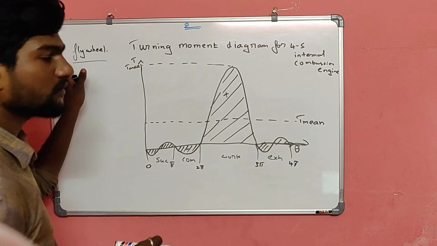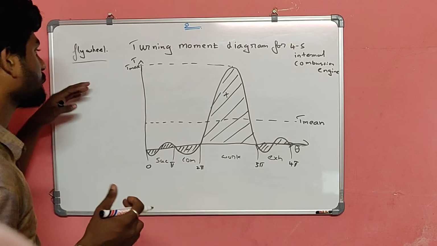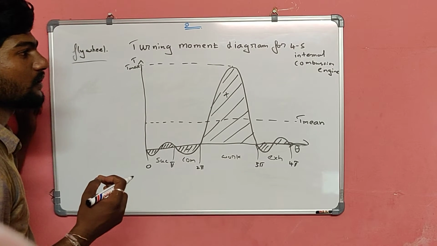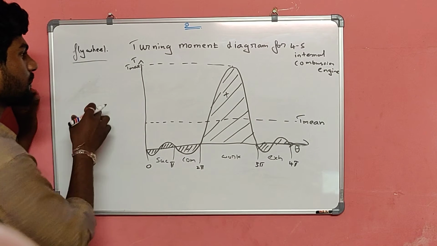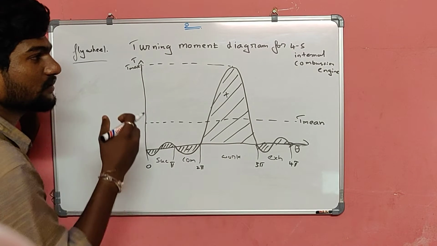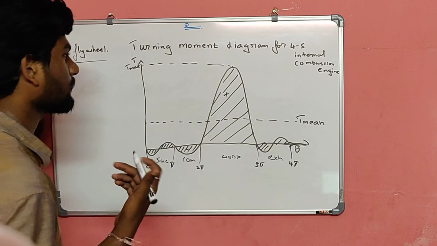This is a device. It has some considerable mass. It will store the energy and give the energy in the cycle at the time when the energy is not getting out from the system.